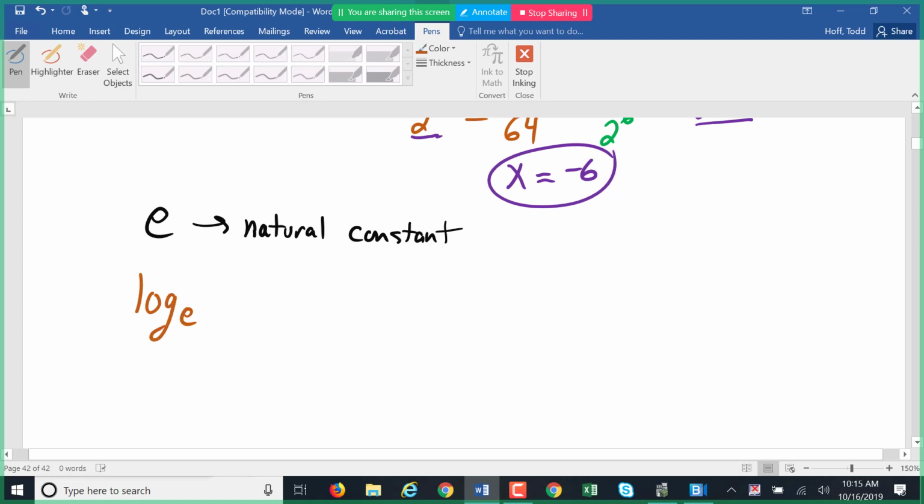Because there are a number of exponentials that are of the form e to a power, we have a log base e. So log base e of x equals y is saying e to the power of y has to equal x.